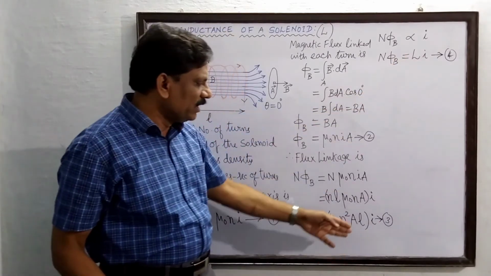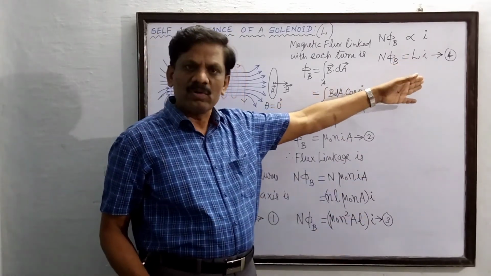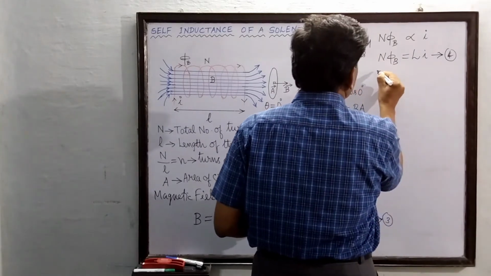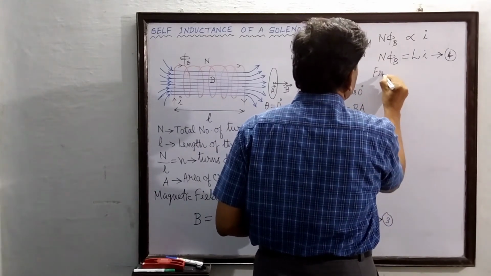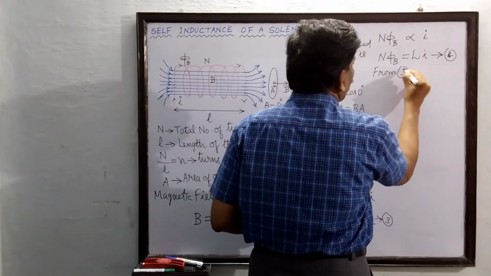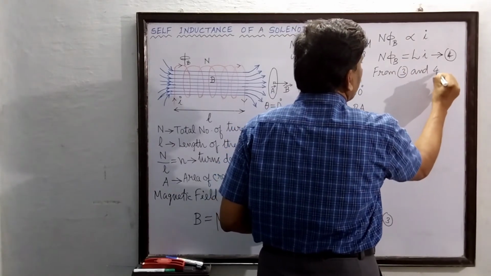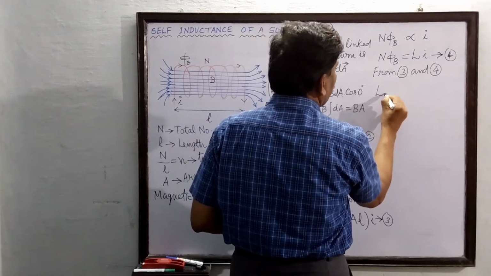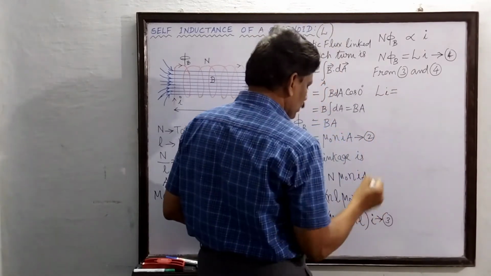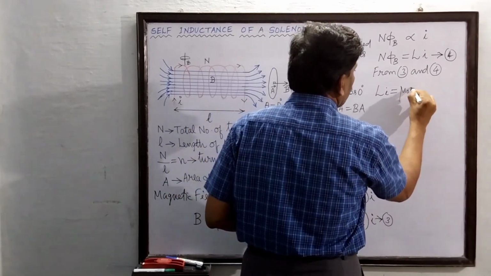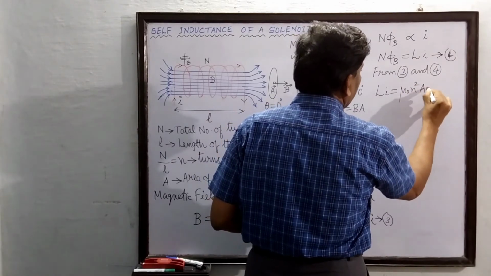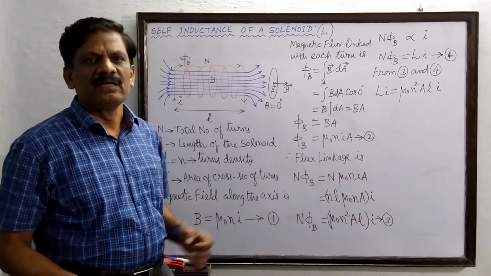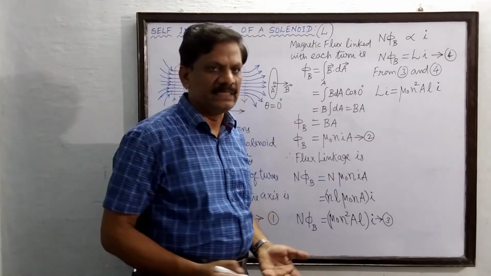Now you look at equations 3 and 4. You equate the right hand sides. So equating from equations 3 and 4, L into I is equal to mu naught n square A L into I. Now the term I can be cancelled on both sides.